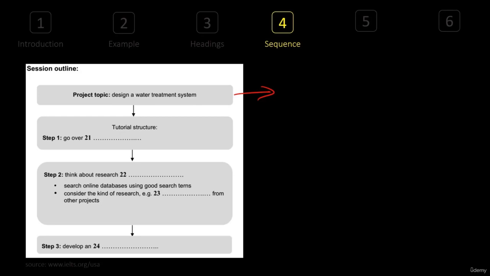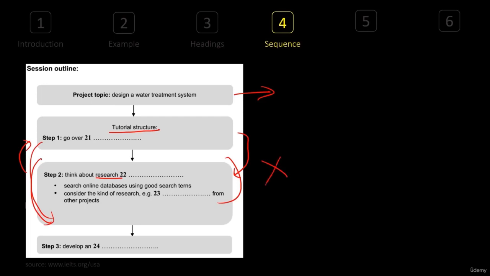Definitely we have to go to the next step. And next step is about what? Tutorial structure. That means this is the step 1. Then we go to the next step. What is it about? About the research. Hence, sequence is always maintained in audios and even in the flowchart. They're not going to be talking about this first, and then go back to step 1 and then come to step 3.